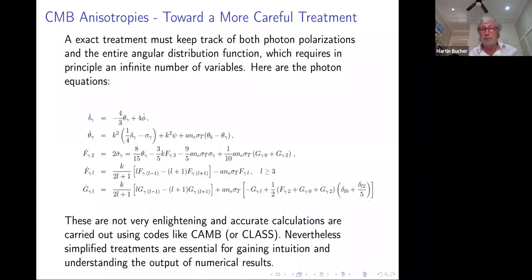We fix a plane wave dependence, and you get an infinite number of equations, and then it has to be truncated. That's what these codes, CAMB and CLASS, do. And they've all been very cleverly written to run in a reasonable amount of time.